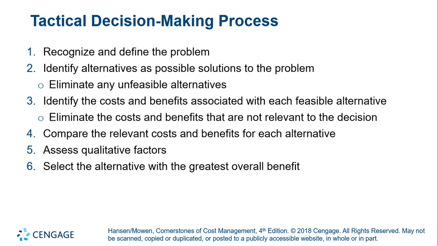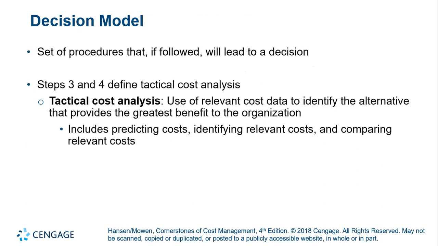So the alternative with the greatest overall benefit is chosen by comparing this. Now, the decision model is a set of procedures that, if followed, will lead to a decision. Steps 3 and 4 define tactical cost analysis: the use of relevant cost data to identify the alternative that provides the greatest benefit to the organization.